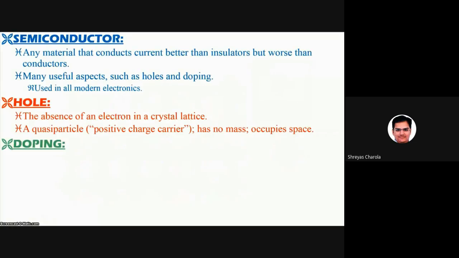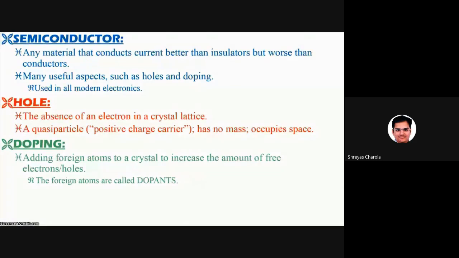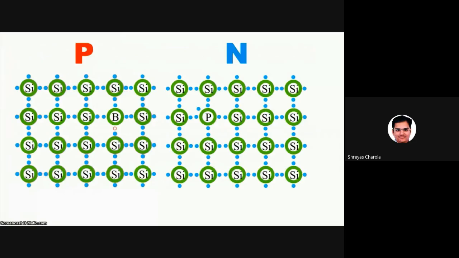So, by doping the silicon crystal with boron, we added an extra positive charge carrier, a hole. And by doping the silicon crystal with phosphorus, we added an extra negative charge carrier, an electron. Silicon crystals with extra holes are called p-type silicon, P for positive, and silicon crystals with extra electrons are called n-type, N for negative.